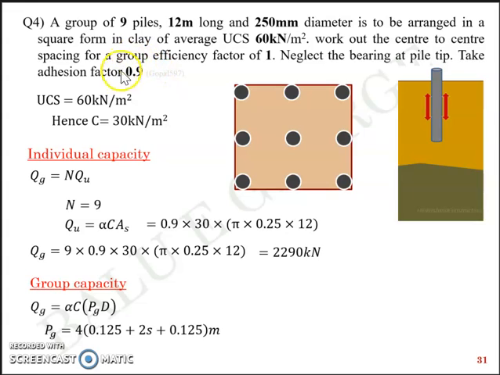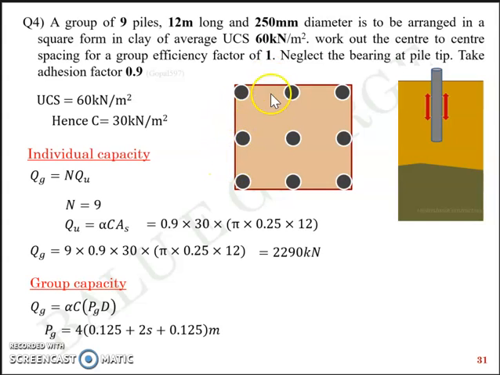Alpha given in the question is 0.9, but think about alpha. Alpha is the adhesion factor which is realized when the interaction is from soil to pile. But in this case, what really happens is that the entire block is moving as a one single unit. So the interaction is at this boundary, which is soil to soil.